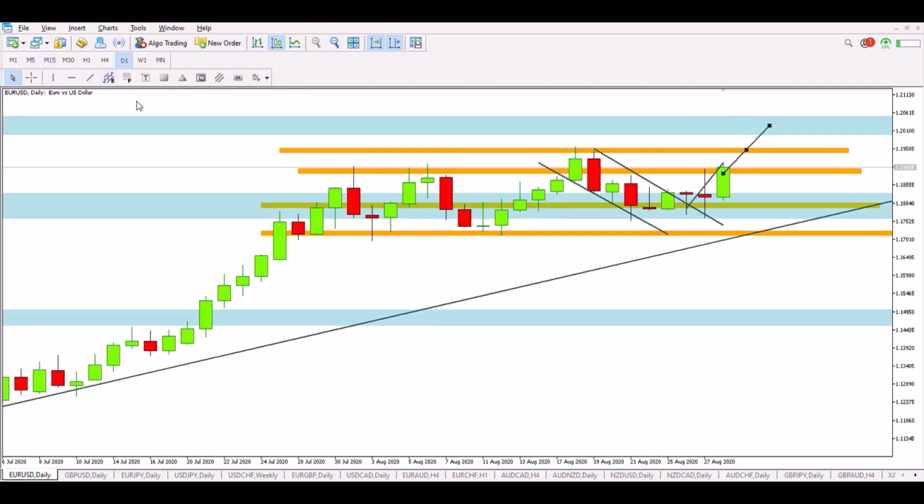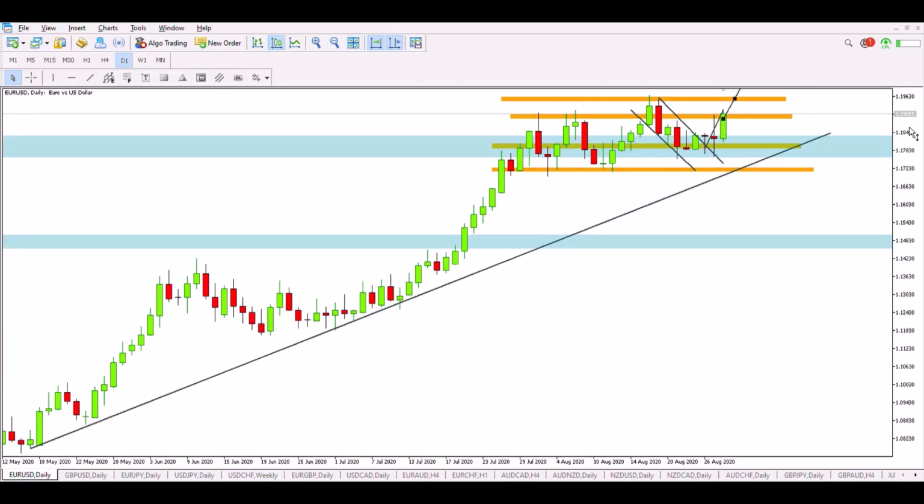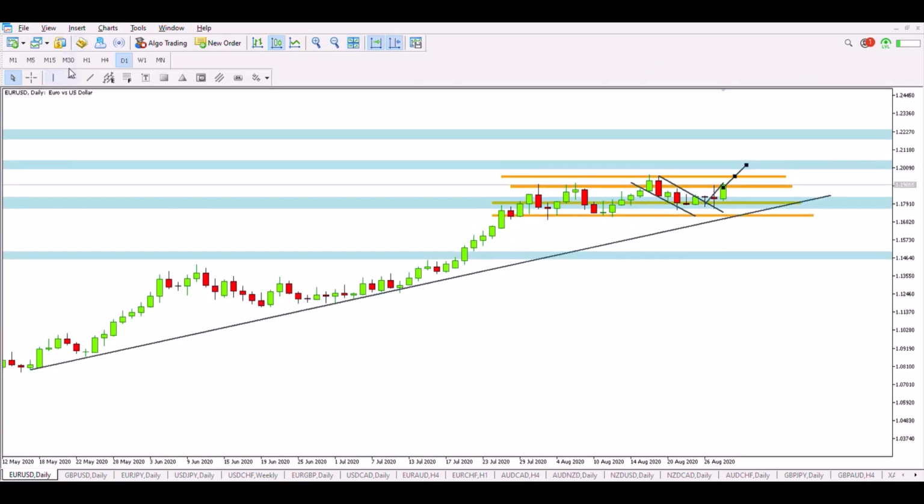So this is now for the Euro USD. Of course, if the bulls are pretty strong, which happens very often when we break from a range like this, we can see a move even to the upper resistance daily zone. So that's all for now for this pair.